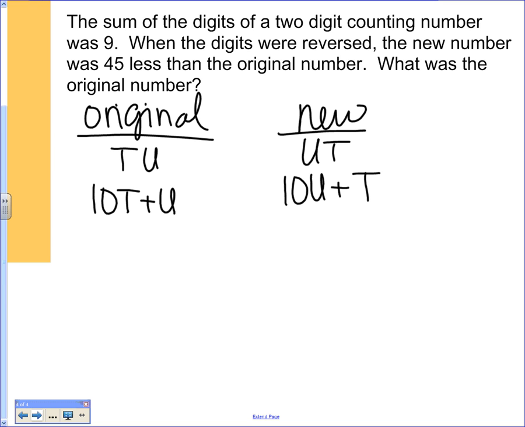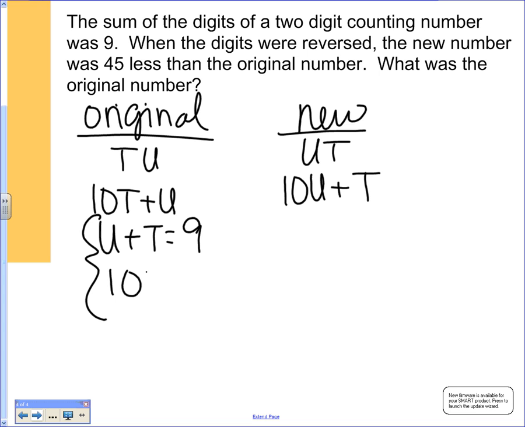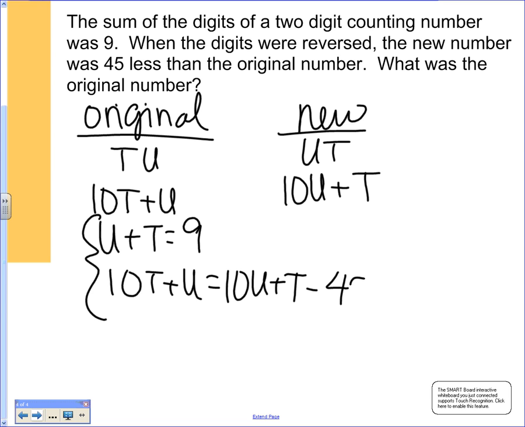So, what equations can we make? U plus t equals 9. The new number was 45 less. Do you agree?